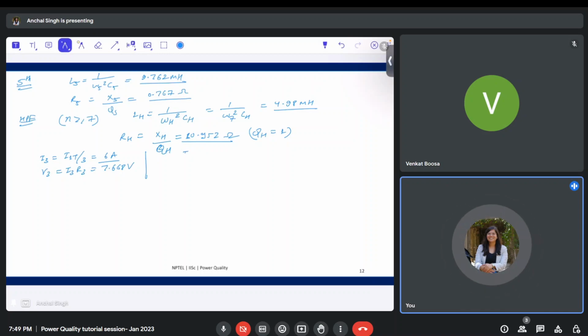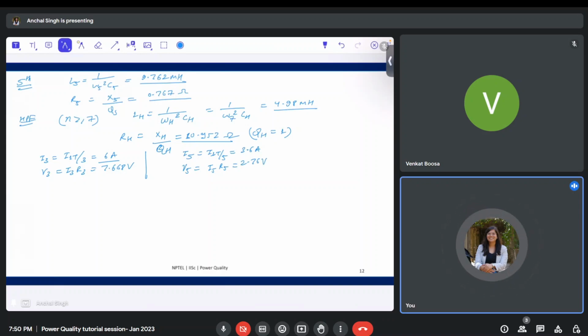Similarly, we know that I5 is equals to I1T by 5, because in the Fourier series n comes in the denominator, and therefore we are directly dividing the fundamental component by the nth order harmonic. It is 18 by 5, which is 3.6 amperes, and V5 is equals to I5 into R5, which is equals to 2.76 volts.